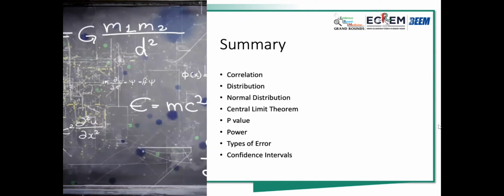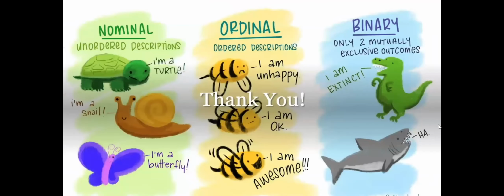Again, if you remember anything from this lecture, just remember that doing multiple samples out of any form of distribution and plotting their means is going to make that into a normal distribution, which you can then use the statistical techniques that assume a normal distribution. We talked about power, talked about types of error, and we finished up with confidence intervals. So thank you very much, and I'm more than happy to answer any questions that you may have.